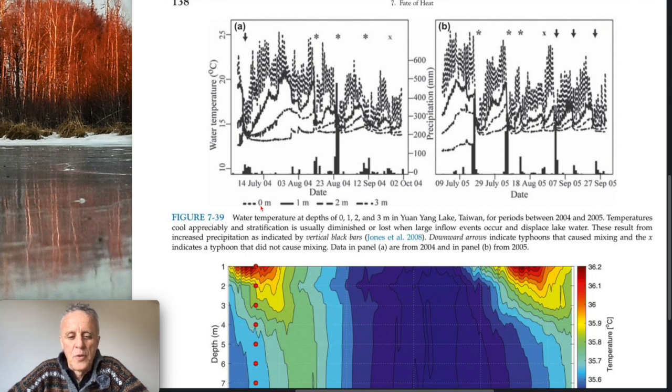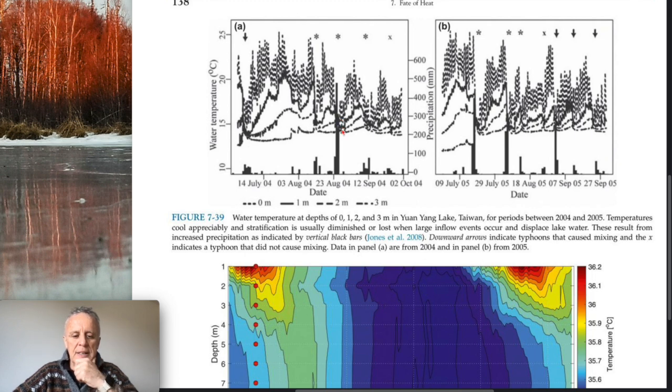The dashed one is 0 meters, the surface. This is at 1 meter, 2 meters, and 3 meters. And as they were saying, here we have vertical black bars for increased precipitation events. So here we have a precipitation event, and we can see the collapse of the thermocline right afterwards, right?